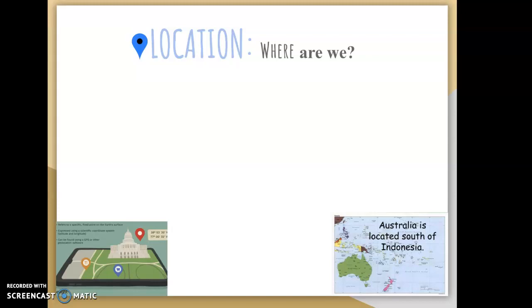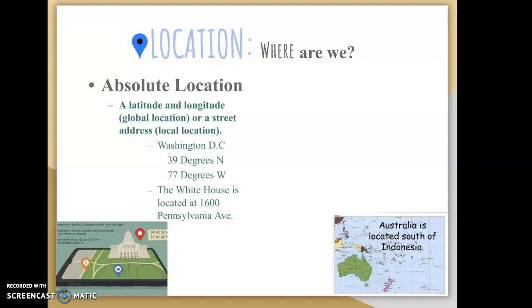So the first type is absolute. Absolute uses latitude, which is horizontal, and longitude, which is vertical. Longitude runs north to south, and latitude is west to east. It is a global location, a very specific point on the map or in the world. But absolute location can also be an address.